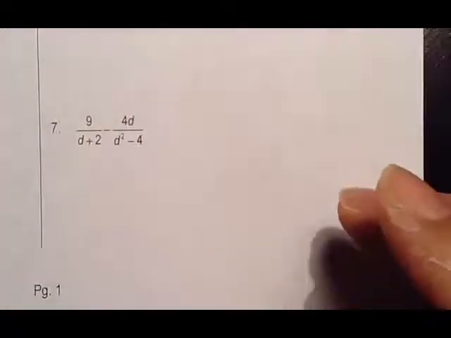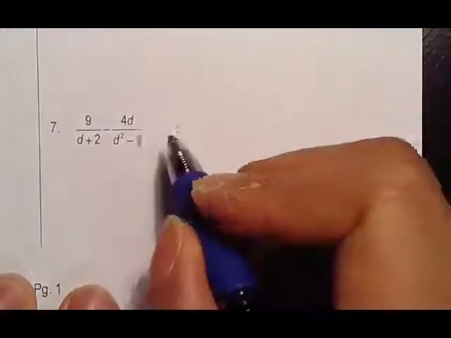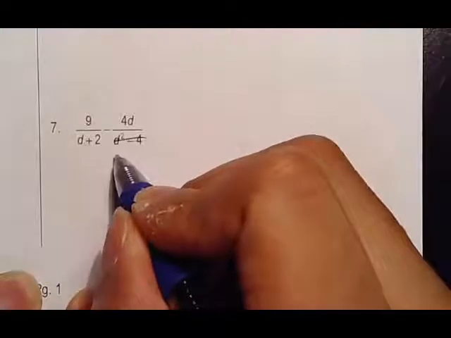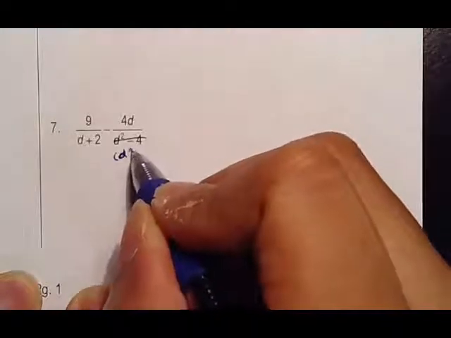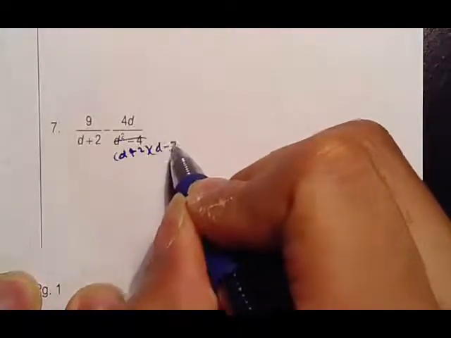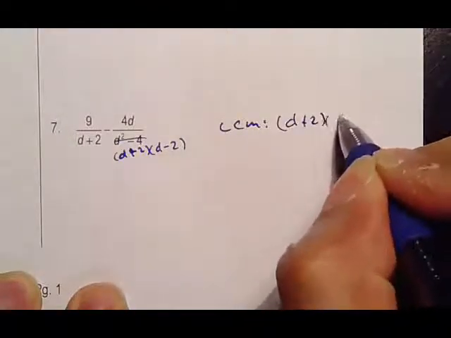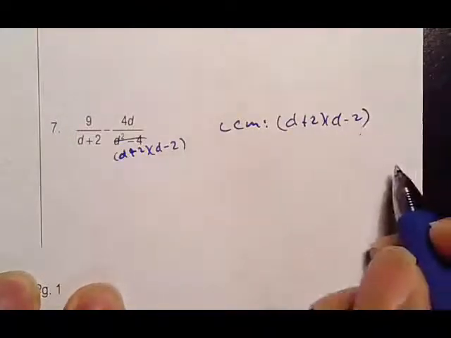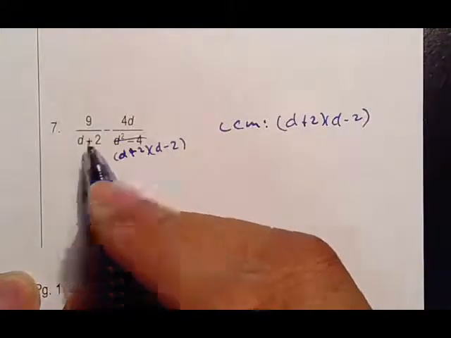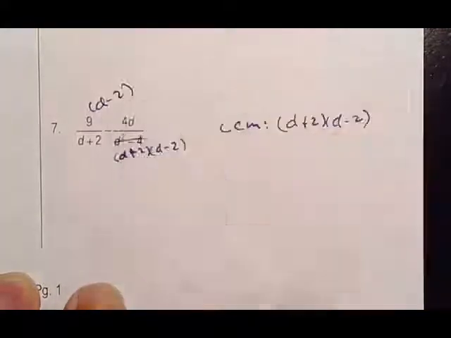9 over d plus 2 minus 4d over all that. Again, the first thing you want to do is make sure you factor anything that can be factored. D plus 2, d minus 2, which means my LCM is that. You then go and say what's missing. This is missing d minus 2.